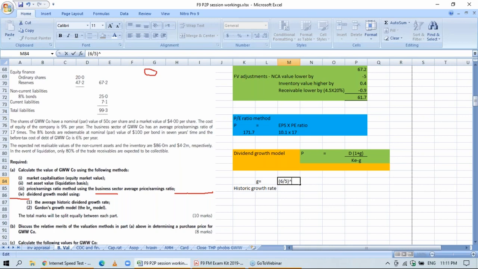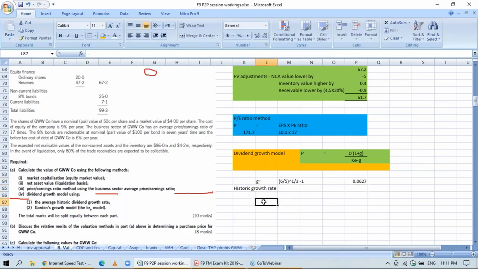In how much time did the dividend increase from 5 to 6? It happened in 3 years' time. So this gives you the growth rate, which is equal to 0.0627. This is the historic growth rate.